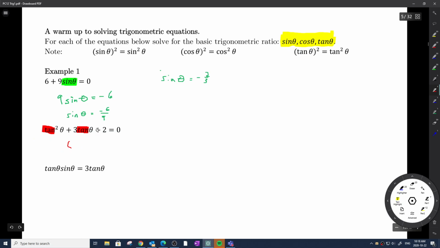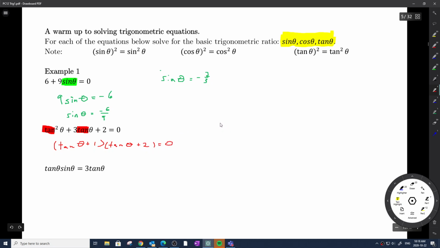Agreed? We have a squared term, we have a constant, and we have a 1 degree term in the middle. So I know I'm going to use the product sum rule. What two numbers multiply to 2 but add to 3? Positive 1, positive 2. And this is equal to 0.